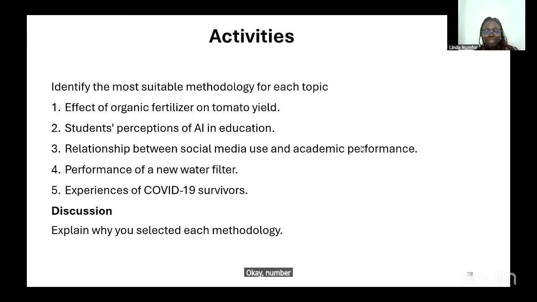Number one, Suba says number one, he's going to use quantitative. Number two, he's going to use qualitative. Chrissy said number two, she's going to use qualitative. Okay. Suba said number three, correlational study.